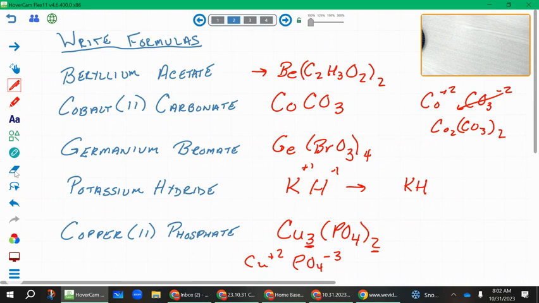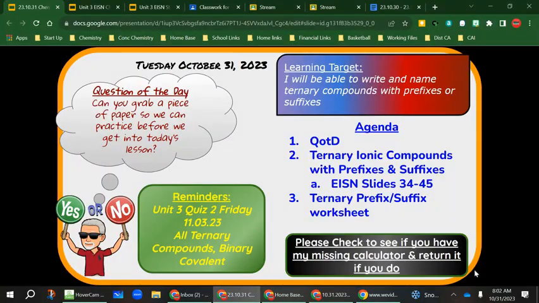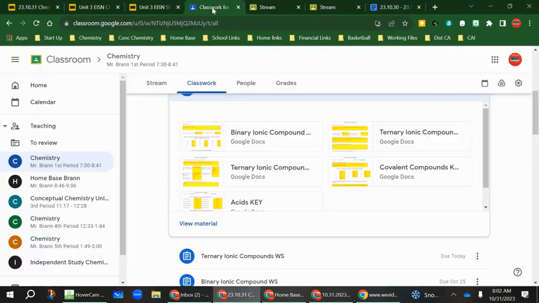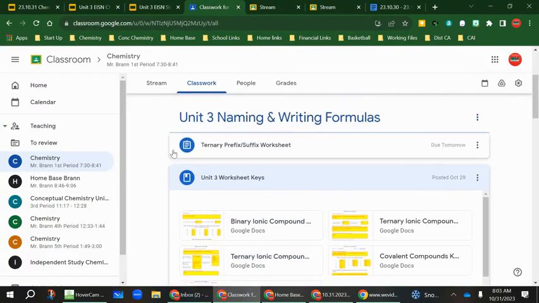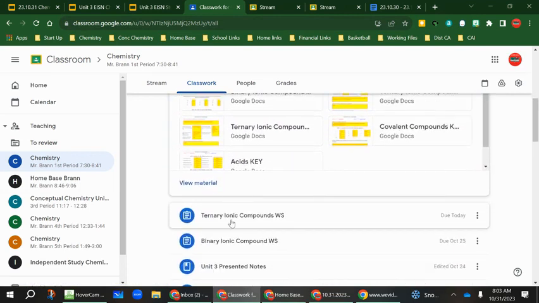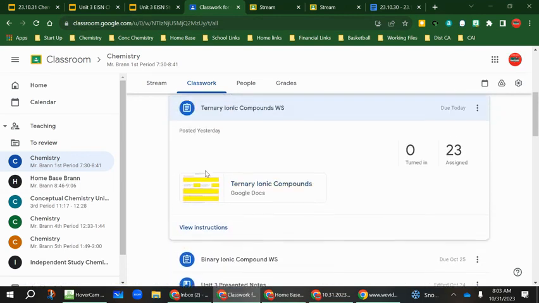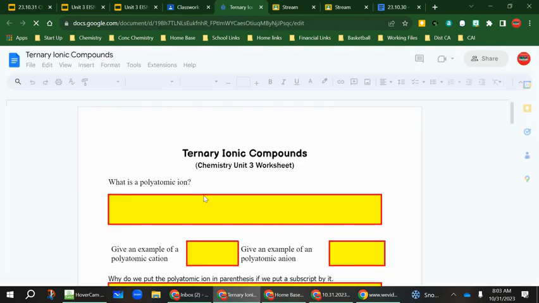All right, ladies and gentlemen, then here's what you have. We are going to give you about 15 minutes to work on the homework assignment that is due today, which is the ternary ionic compound worksheet. Okay? If you're working and using your time wisely, you will get the full 15 minutes.